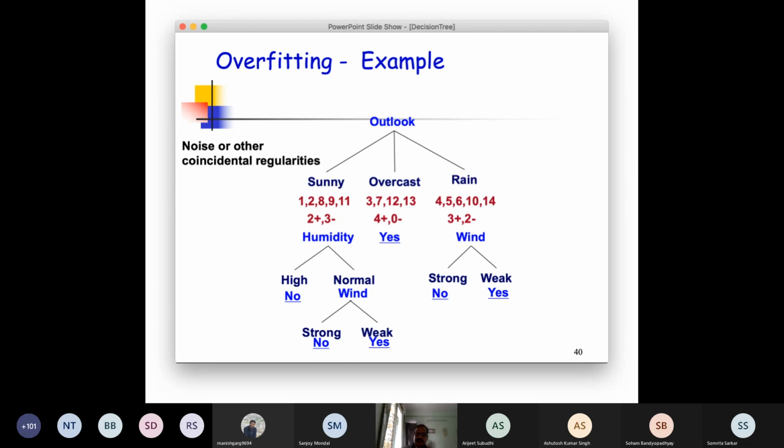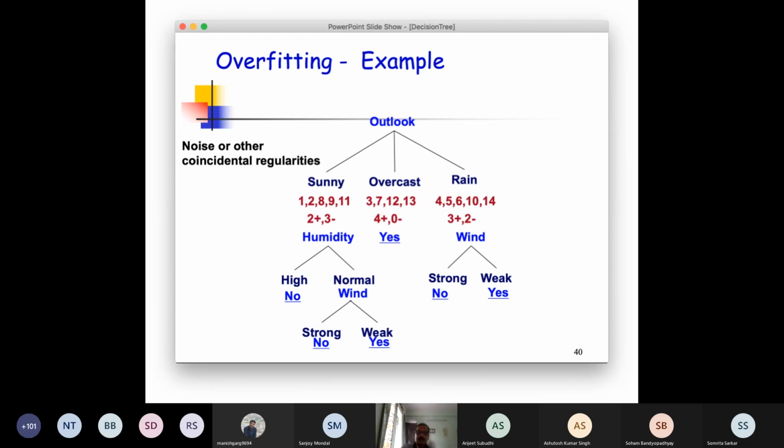We are assuming there is no contradiction in the training examples. But there could still be errors of labeling, because you do not have the complete information. Here, as you can see, the tree has grown because of this.